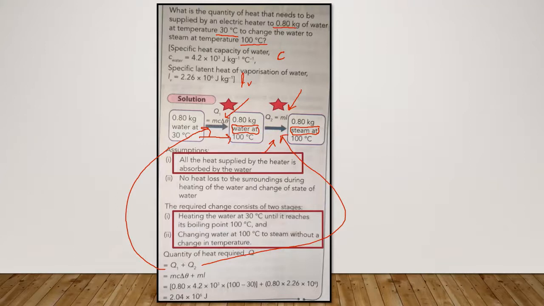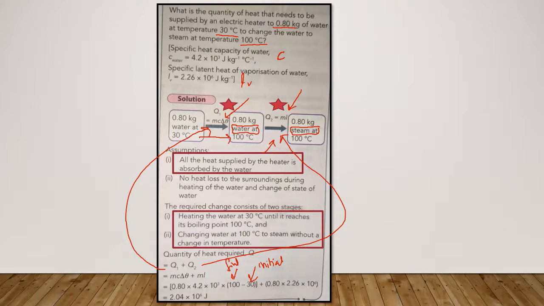Then you add these two equations. M is 0.8, already given in kilogram, so we just use the number here. 4.2 times 10 to the power of 3, or 4,200, times 100 minus 30. 100 is the final temperature, the boiling point, and 30 degrees Celsius is the initial temperature.